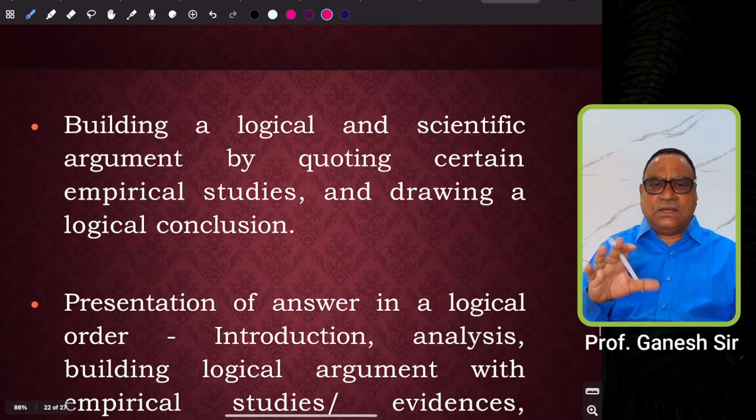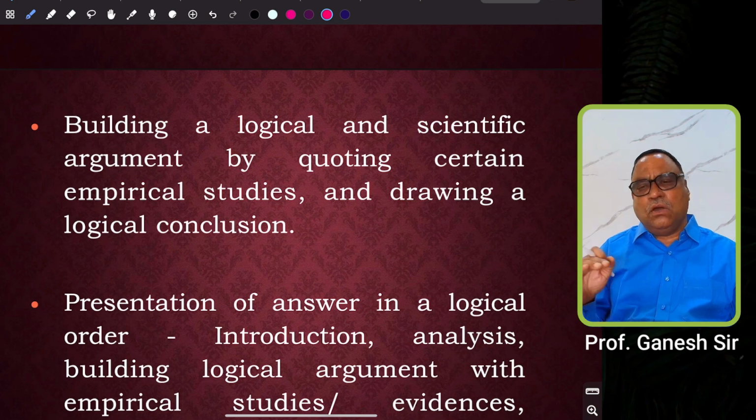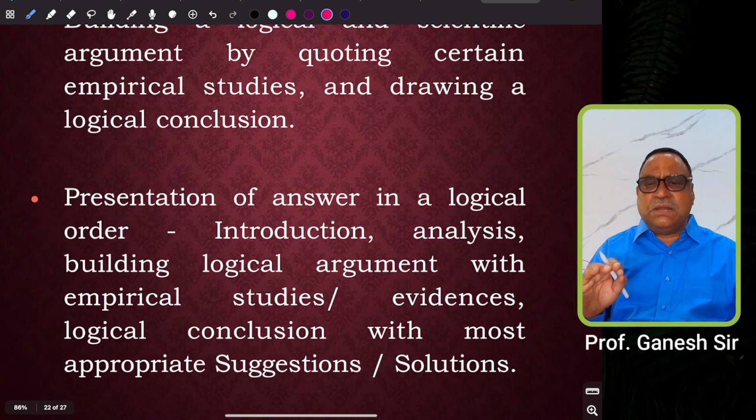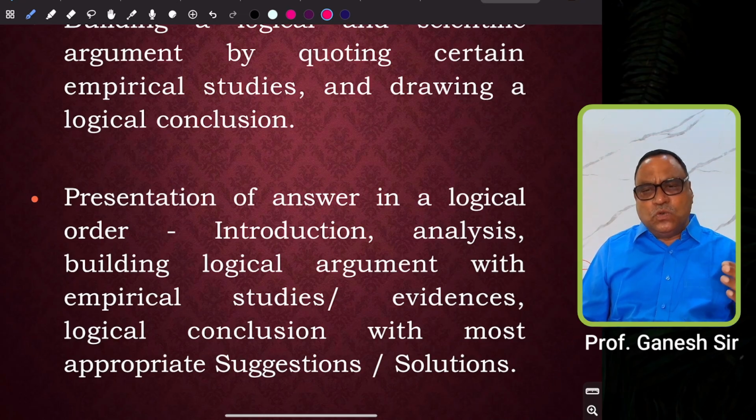So that is called building a logical and scientific argument by quoting certain empirical studies and drawing a logical conclusion. Then another important aspect is presentation of the answer in a logical order. This is very, very important. As I said, a student is supposed to present an effective answer to score good marks. So how to make their answer effective?